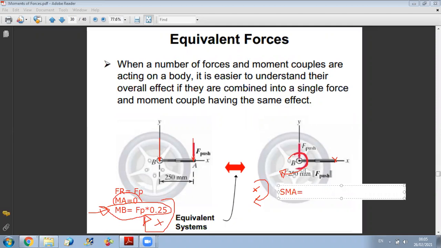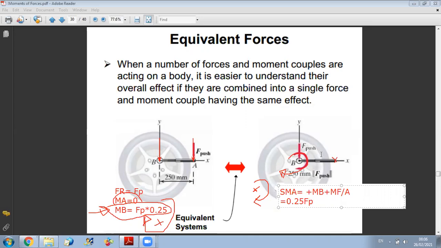So if I have a couple moment at B, when I do the sum of moments about A, I should include it. So it's plus the moment at B, okay? And now I should add the moment of the force F about A. Let us replace first: the moment at B is 0.25 times F.